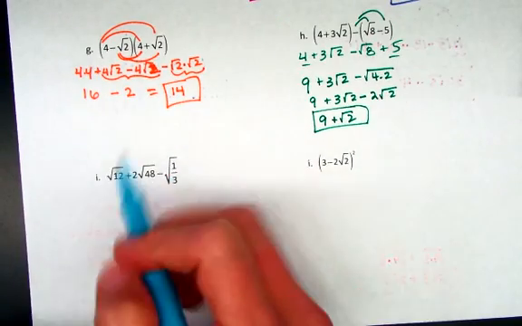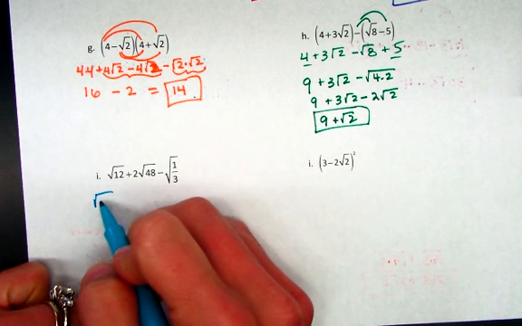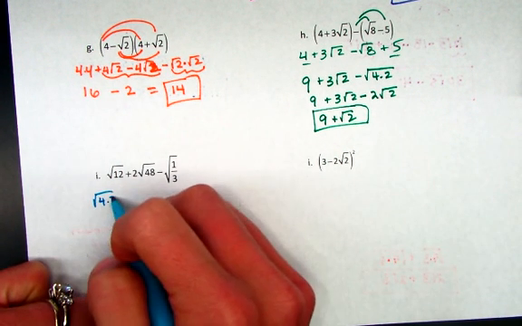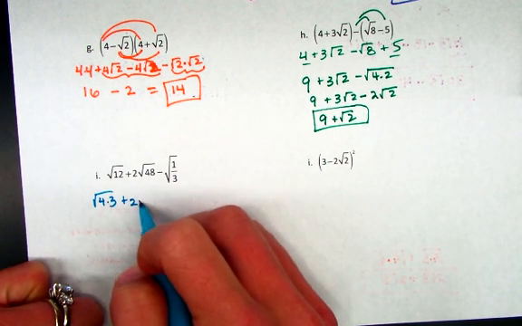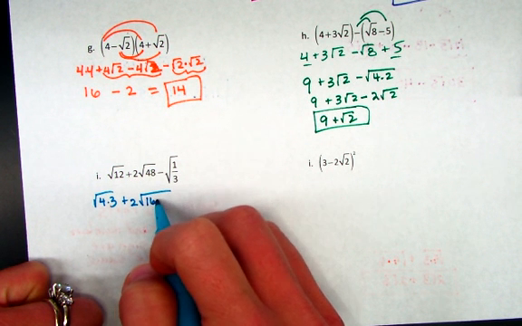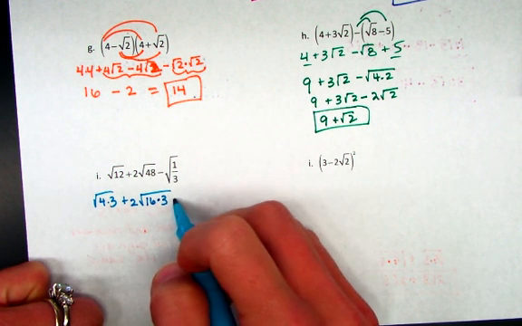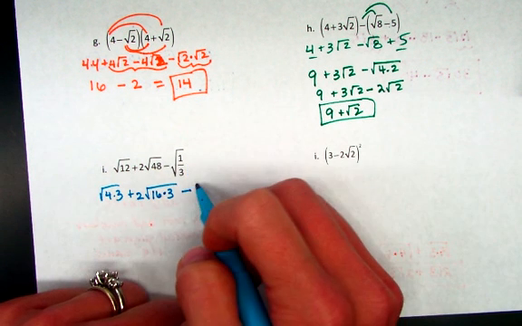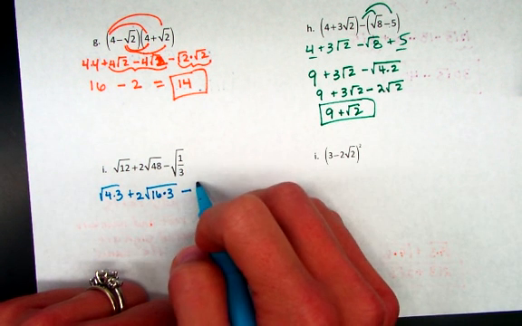For 12, that's going to be the square root of 4 times 3 plus 2 square root of 16 times 3. And then minus, for this root on the bottom, the square root of 1 is just 1.